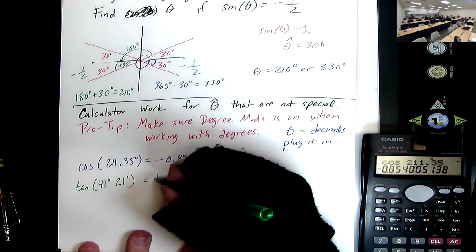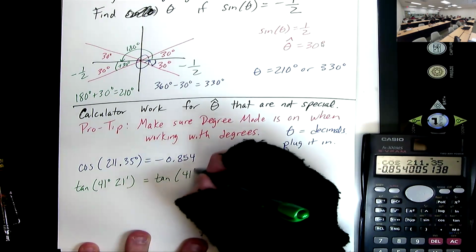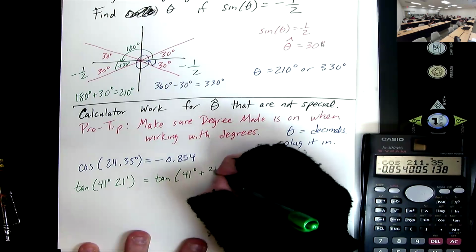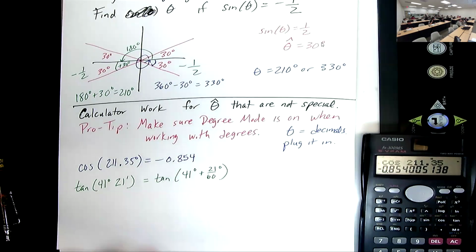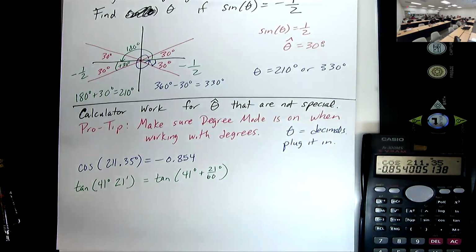This is the same thing as tangent of 41 degrees plus 21 over 60 degrees. We did the degrees to minutes conversions back in the first section. That's where this comes in.